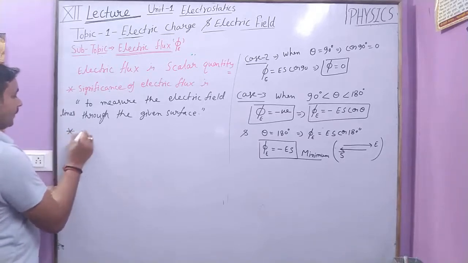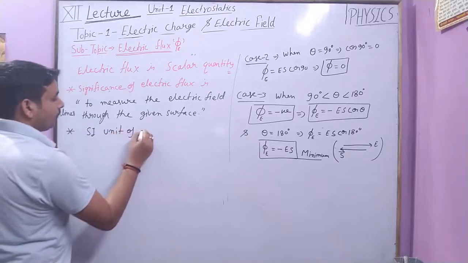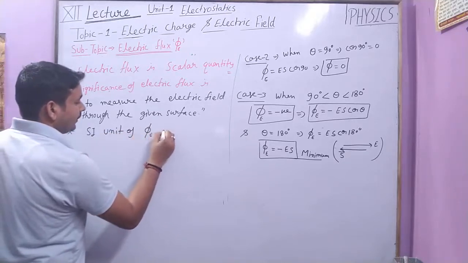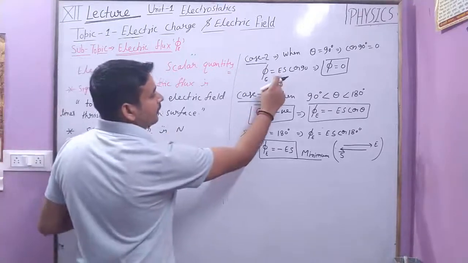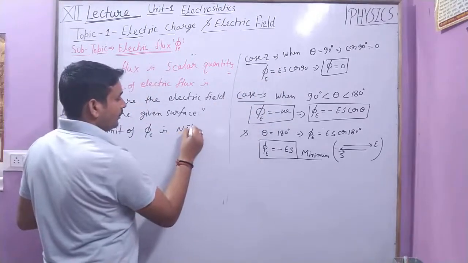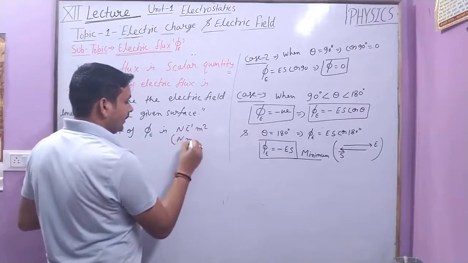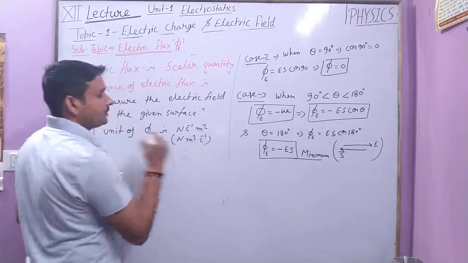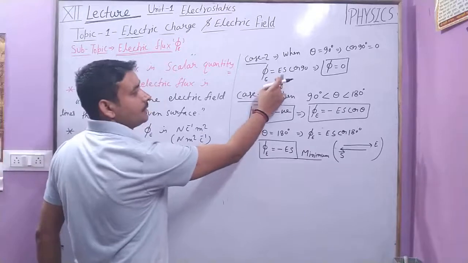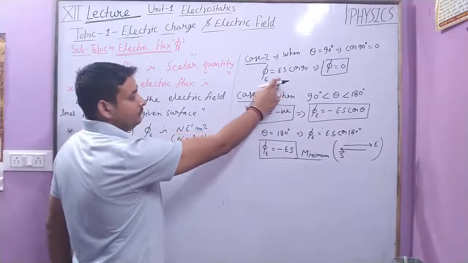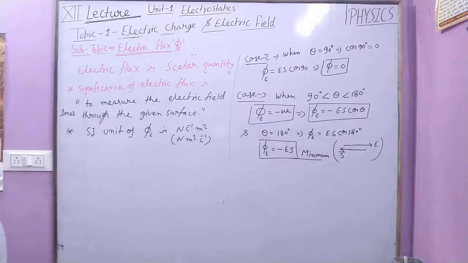Now, SI unit of flux is Newton meter square Coulomb inverse. Okay, from this electric field has unit Newton per Coulomb, and surface area has unit meter square.